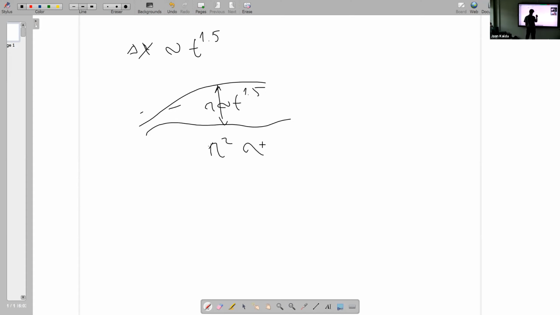This goes as t cubed, and so the concentration of particles in there will go down inversely proportional to the surface area. So n is inversely proportional to the cross-sectional area, which is inversely proportional to t to the minus 3. So actually the probability of catching something from there goes inversely proportional to the distance.